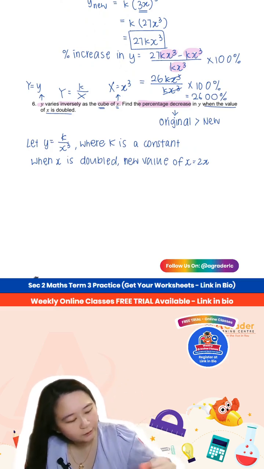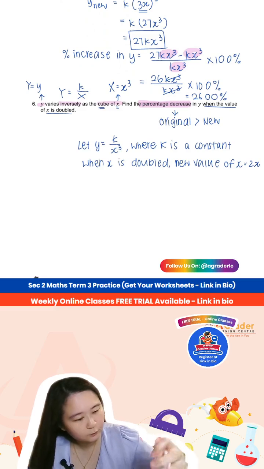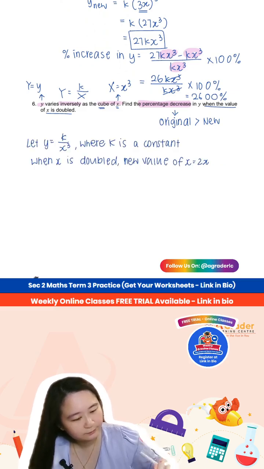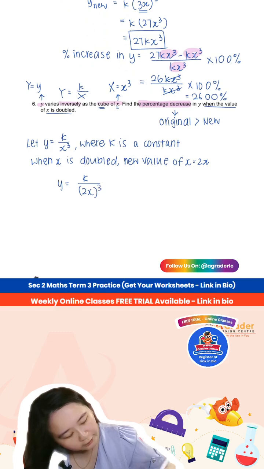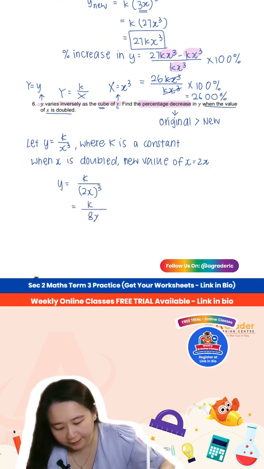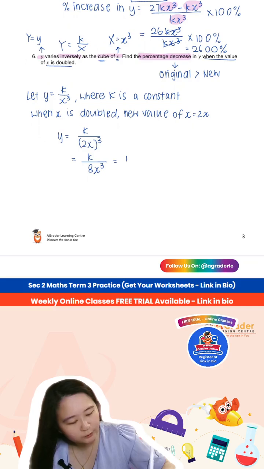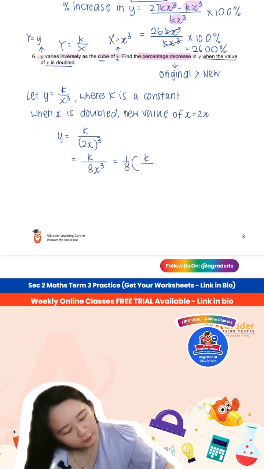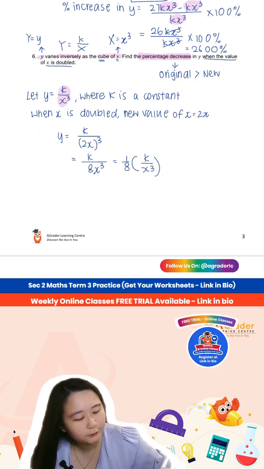Okay, then substitute this new value of x into the x here. So y equals to k over 2x, the whole thing cubed, which is equals to k over 8x cubed. This is also equals to 1 over 8 k over x cubed. You leave it in this manner so that you can compare with the original.